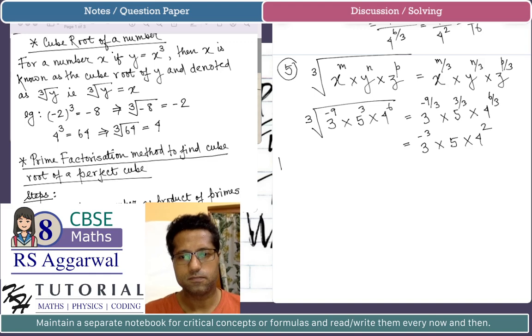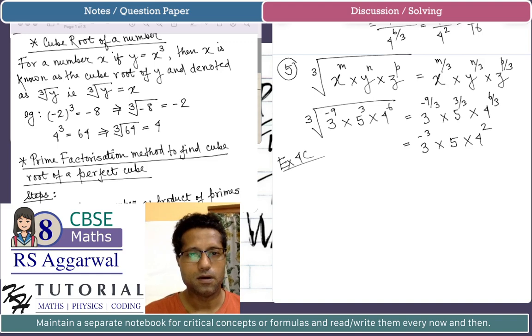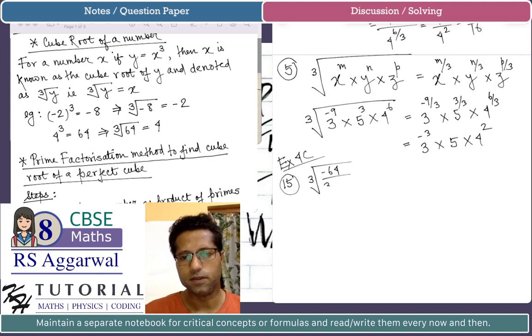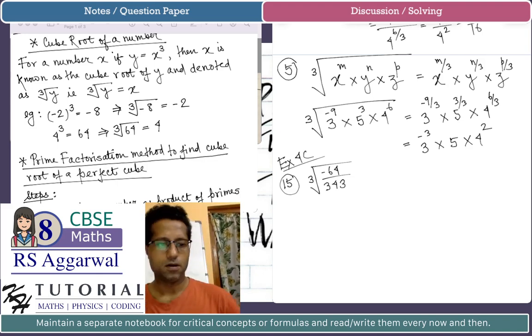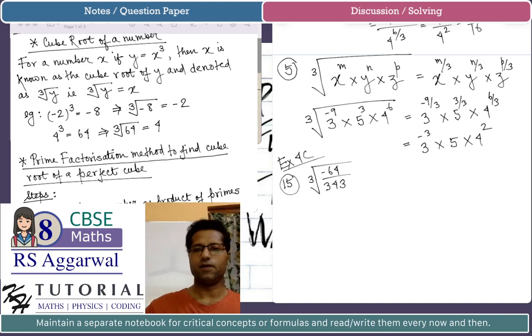Exercise 4C. Let's say problem number 15. We have to find the cube root of minus 64 divided by 343. Now some perfect cubes you have to be very well aware of.